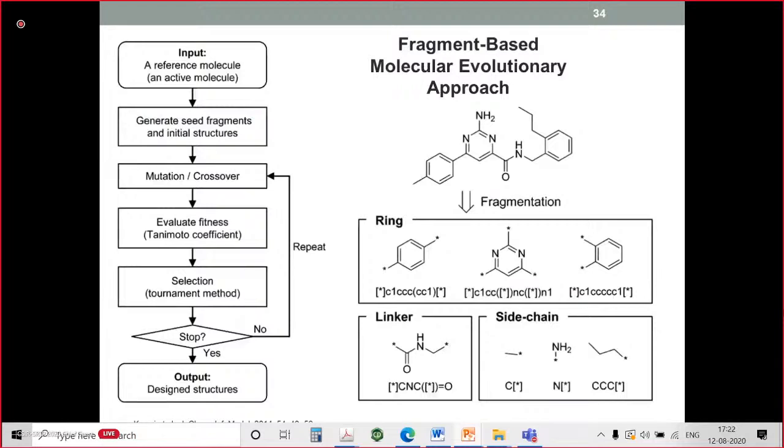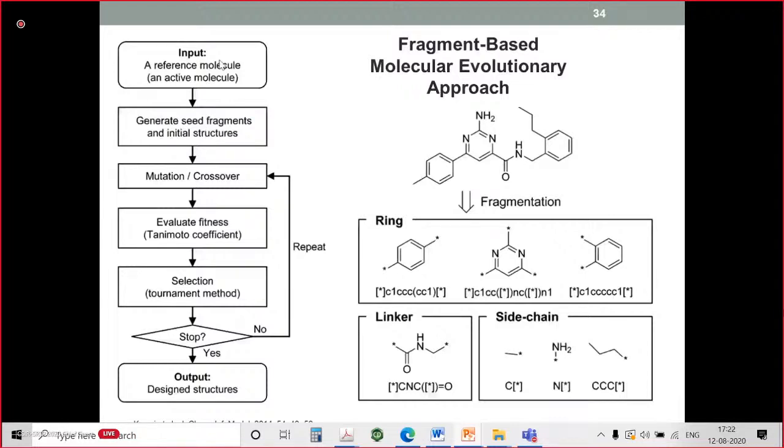But in this evolutionary approach, here is the key point which actually differs from the other approaches. So I'll explain to you the algorithm, how this fragment-based molecular evolutionary approach works.